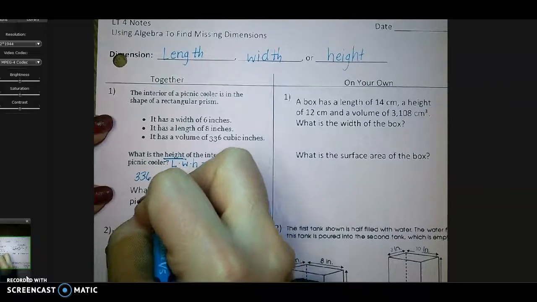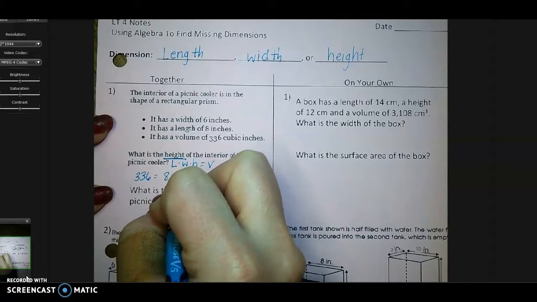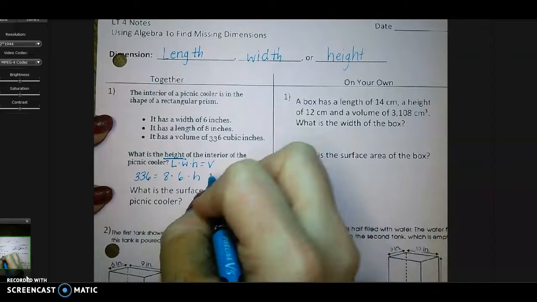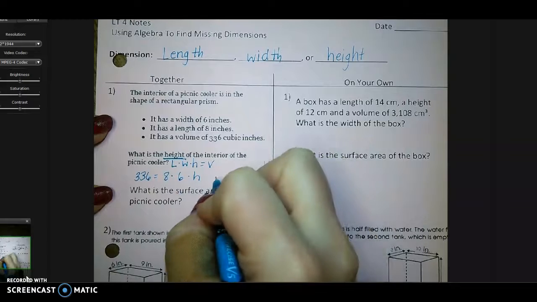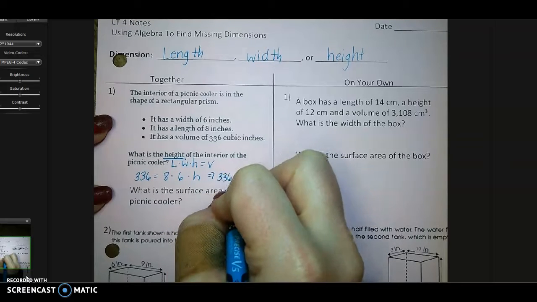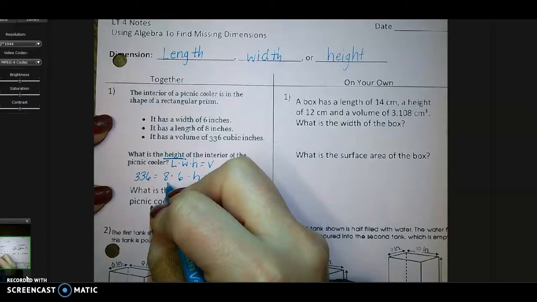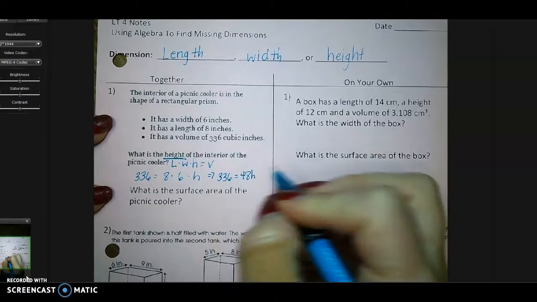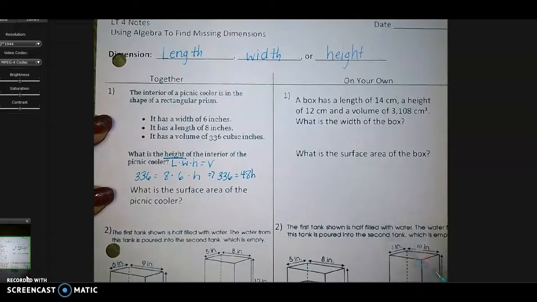They're telling us that the length is 8, that the width is 6, but we don't know what the height is. When we go to solve that, we're going to get 336 is equal to, I'm going to do 8 times 6, which is 48, times the height. So this is a one-step equation for us to solve.